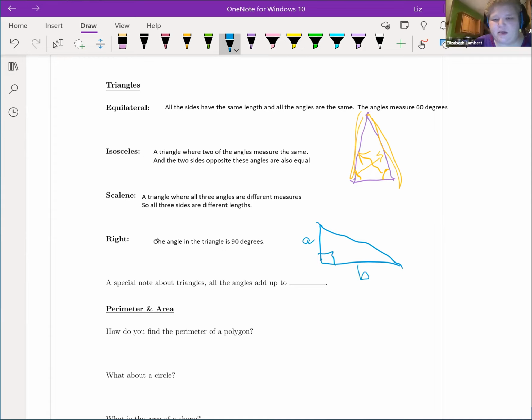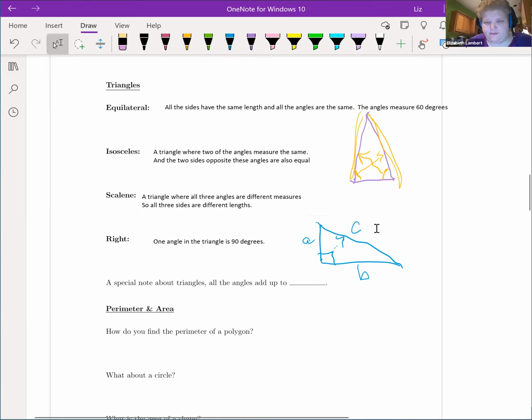We'll call that B. And then the big one across here, which often gets labeled C. This is our funny hypotenuse.